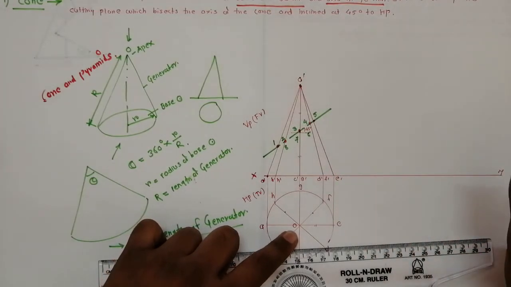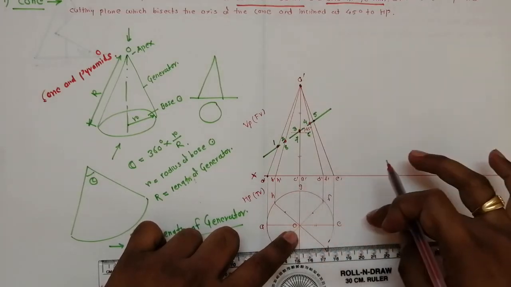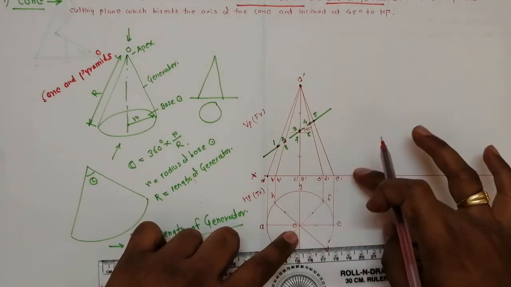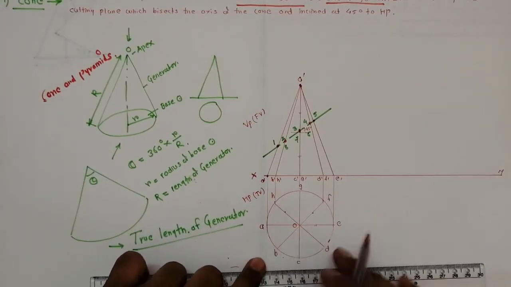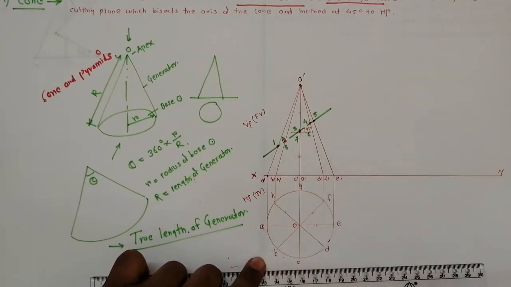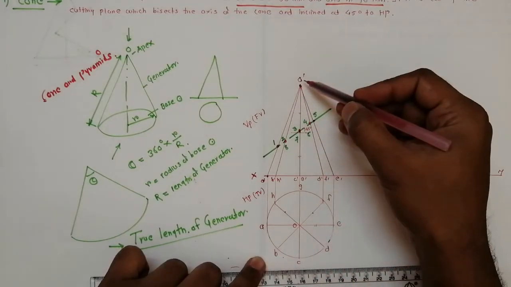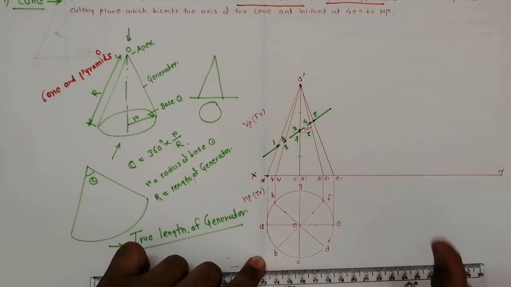Only that line or generator represents the true length if it is parallel to xy in top view. So there are only two edges, OE and OA, which are parallel to the xy line or axis. So these two generators, O dash E dash and O dash A dash, will only represent the true length.